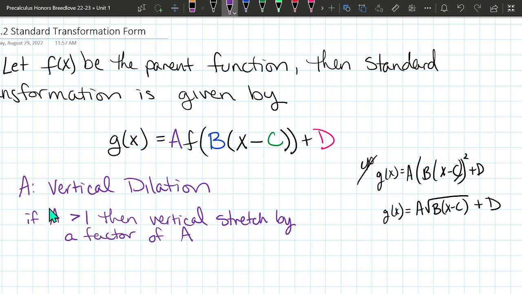I'm going to make the absolute value, because if it's negative, then that's going to be a reflection. So we're just looking at the a value.